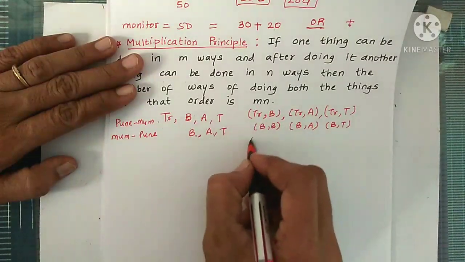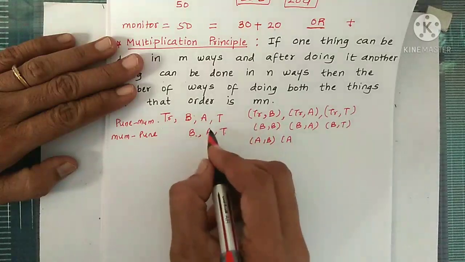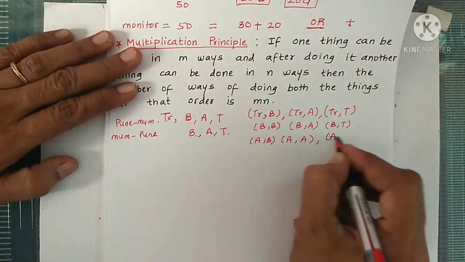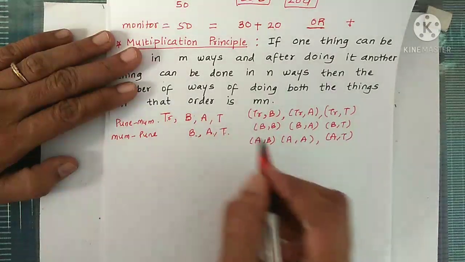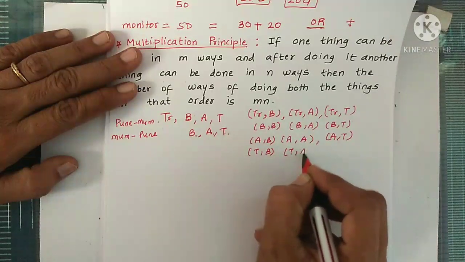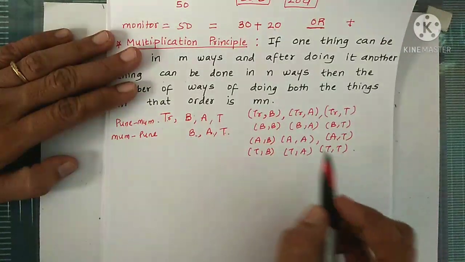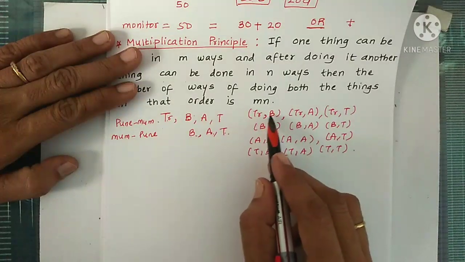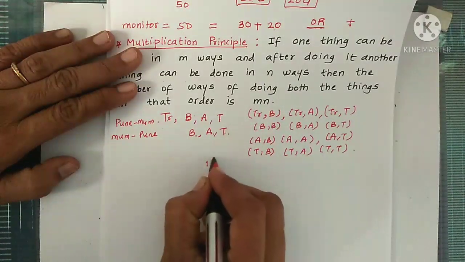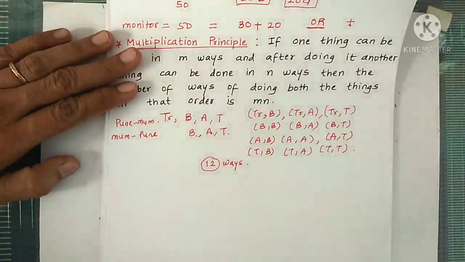If we fix this A, we have AB, then AA and AT. Okay. And fixing the first one as T, we have TB, TA and TT. So in all, we have this 3 multiplied by 4. So in all, we have 12 ways of going and coming back.